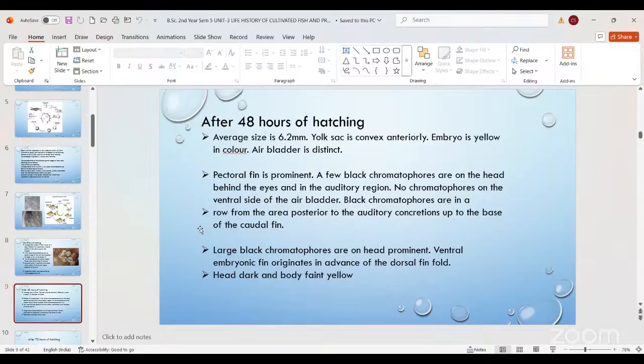Black chromatophores are in a row from the area posterior to the auditory concretions up to the base of the caudal fin. Large black chromatophores on the head are prominent. Ventral embryonic fin originates in advance of the dorsal fin fold. Head is dark and body is faint yellow in color.